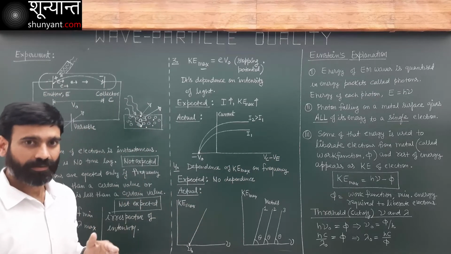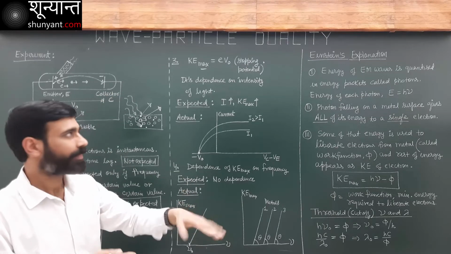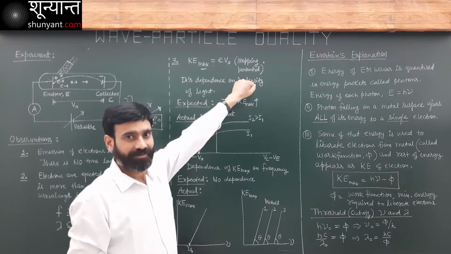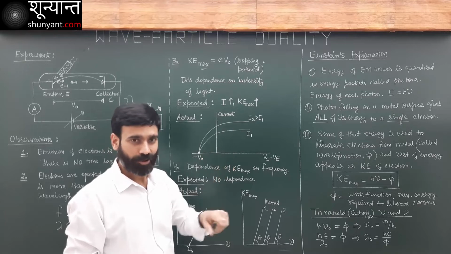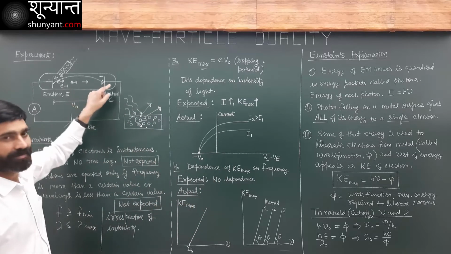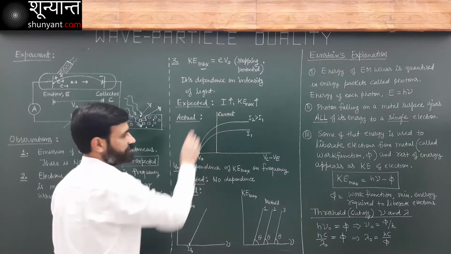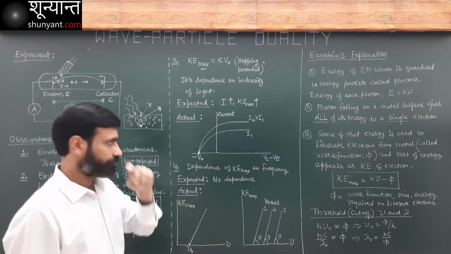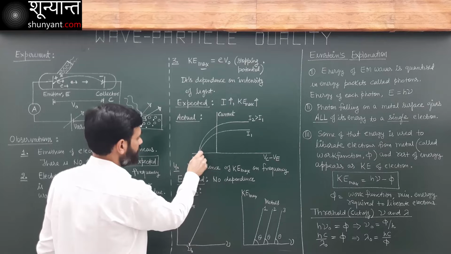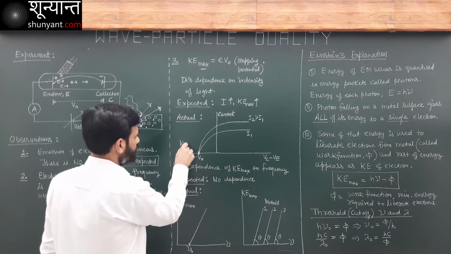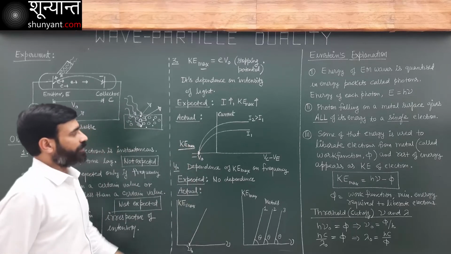If it is negative, electrons will lose energy. And if it is sufficiently negative, which is known as stopping potential, even the most energetic electrons will be stopped from reaching here. Then current becomes zero. So at this point, current is becoming zero. This point here corresponds to maximum kinetic energy.